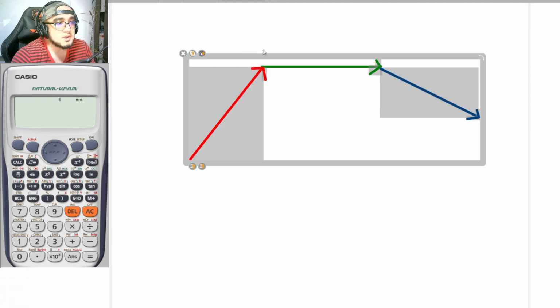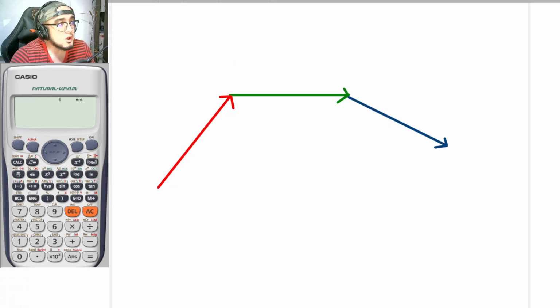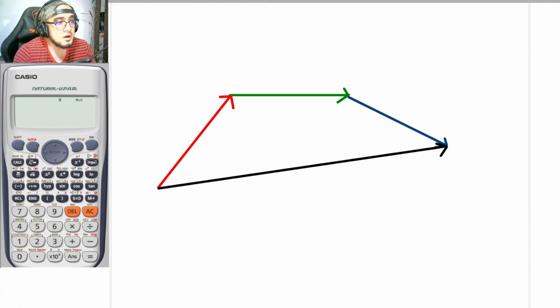In the graphical method, what you would be doing is connecting the tail of all the vectors up until the tip of the last vector. So this is now your resultant.